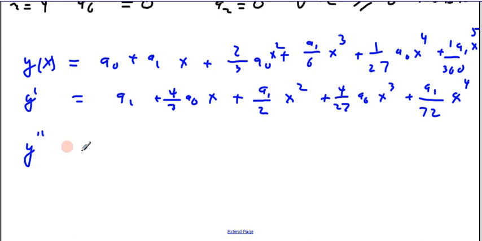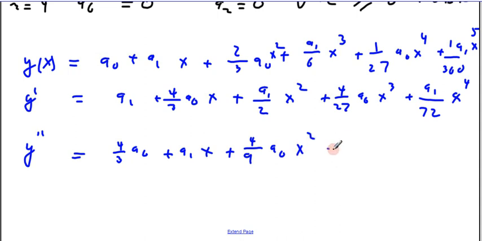Y double prime: 4 over 3 a0 plus a1 x plus 4 over 9 a0 x squared plus a1 over 18 x cubed.